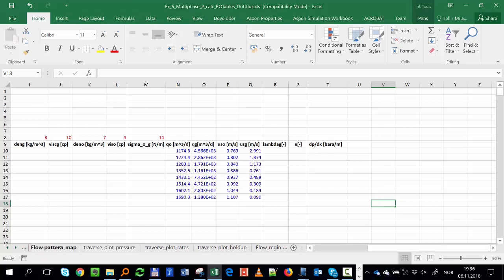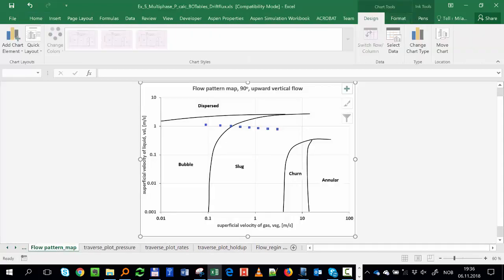It's before the traverse plot pressure. Be careful, the bounds will change because the properties are changing. Even though the diameter is the same and the inclination is the same, the properties are changing.